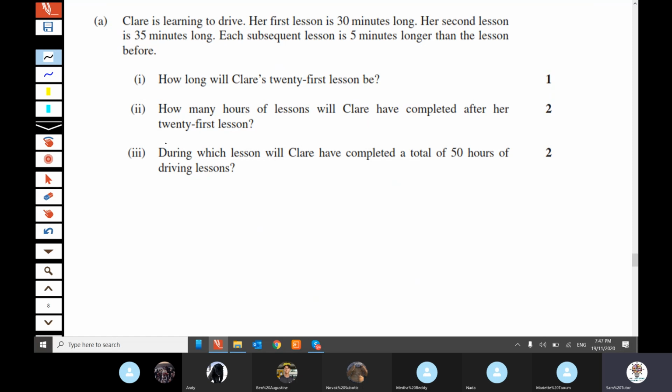That means d equals 5, a equals 30. Therefore, it's also an AP. How long will Claire's 21st lesson be? T21 equals a plus (n minus 1)d.